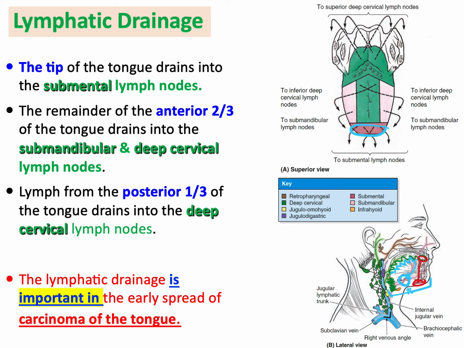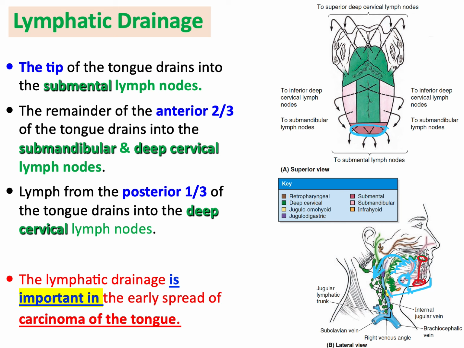Sometimes they are swollen and you can palpate them. So this is a submandibular lymph node. The rest of the anterior 2/3 drains into submandibular lymph nodes and into deep cervical lymph nodes.